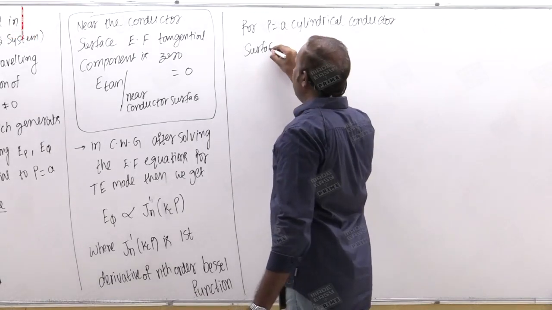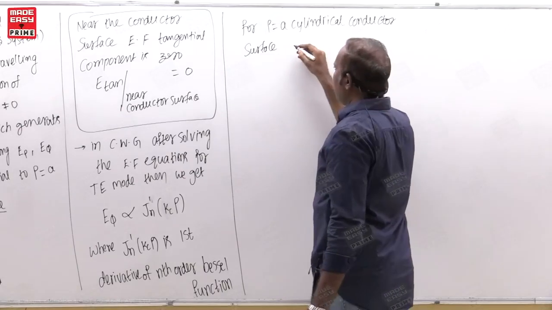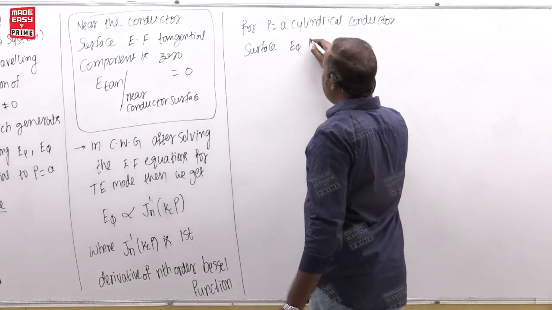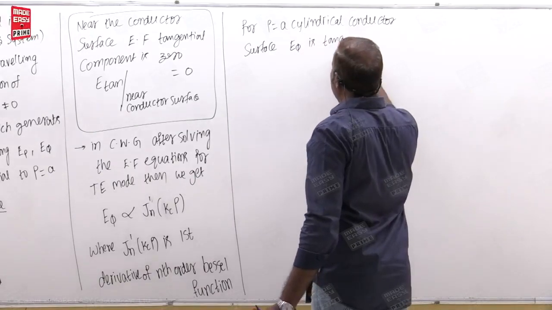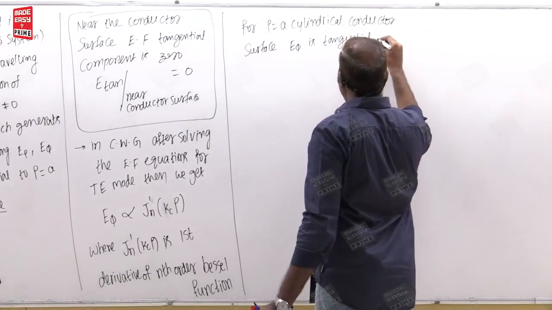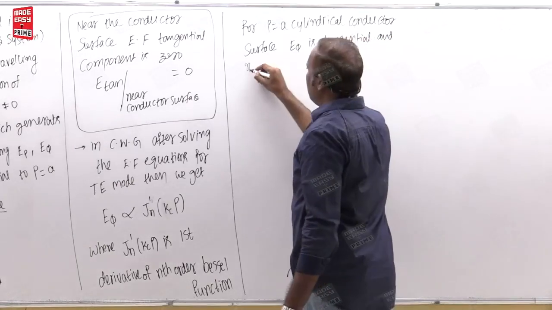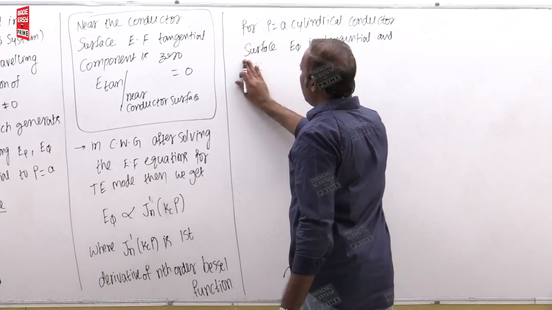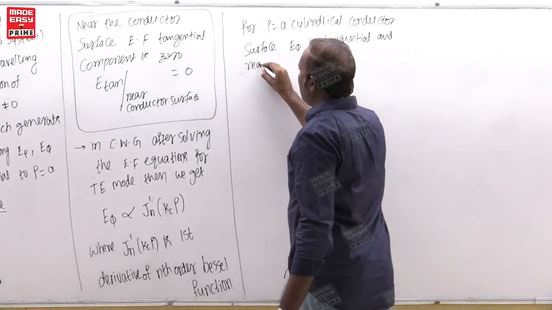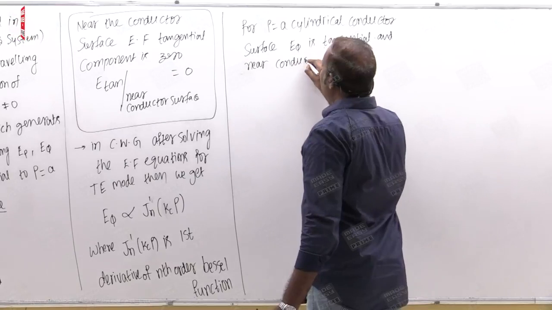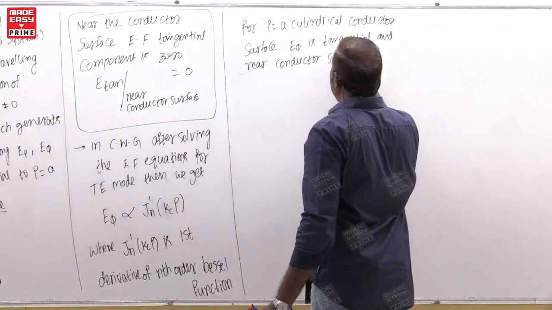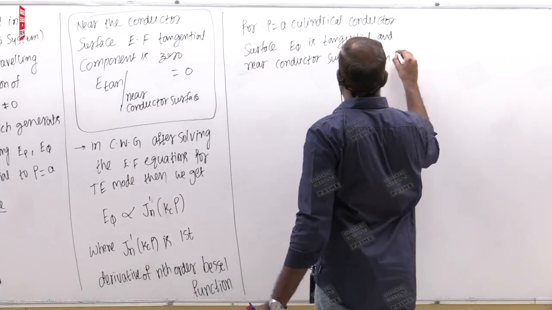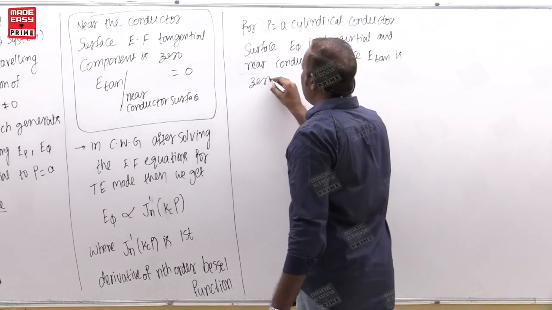Near the conductor surface E tangential is 0.